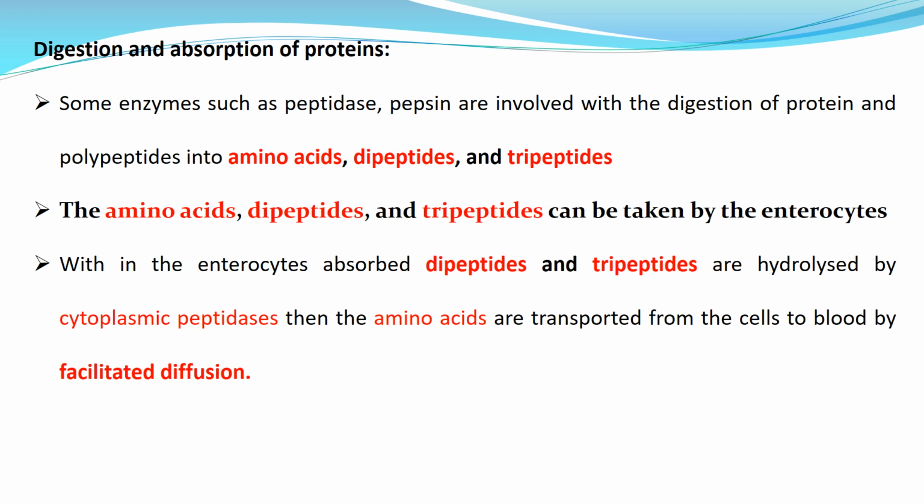Then, within the enterocytes, the absorbed dipeptides and tripeptides are hydrolyzed by a cytoplasmic peptidase. Then the amino acids are transported from the cells to the blood through the process of facilitated diffusion. So it means only a single amino acid can be permitted to enter into the circulatory system.